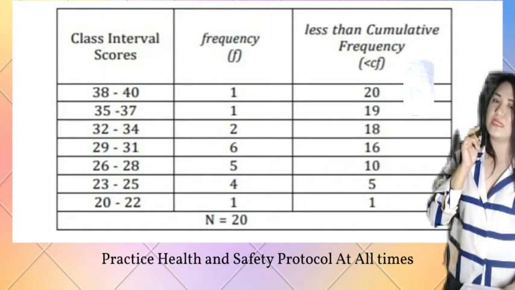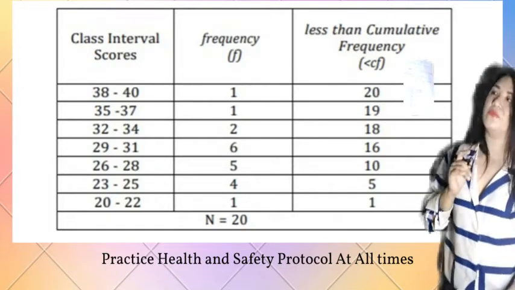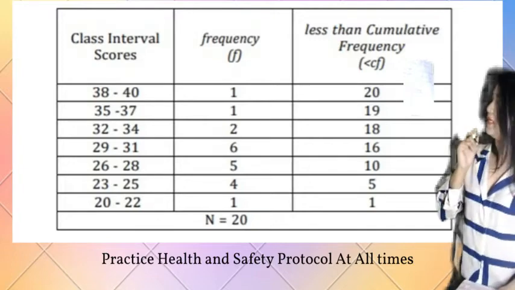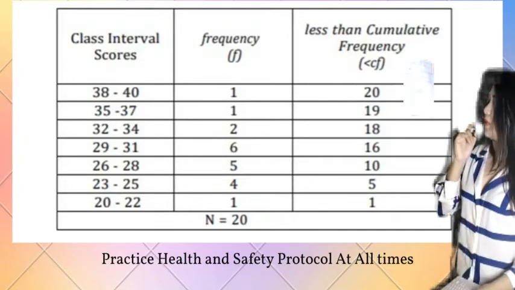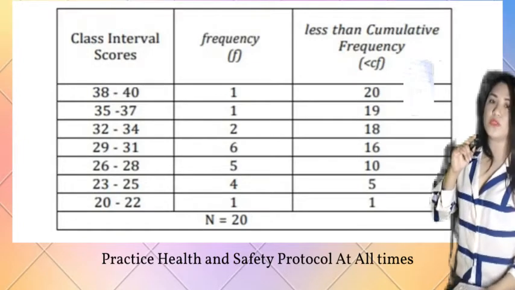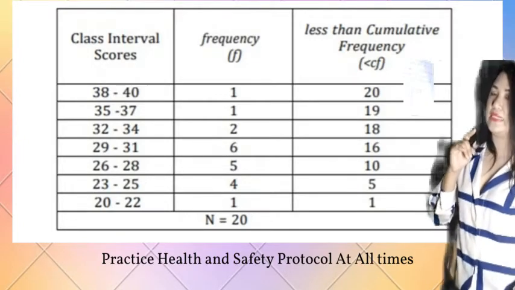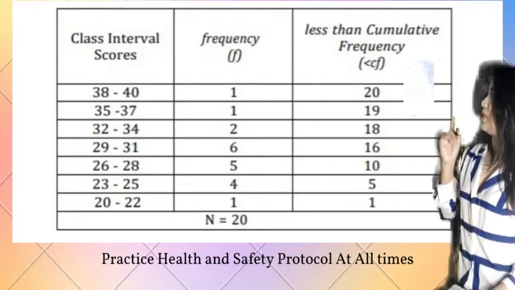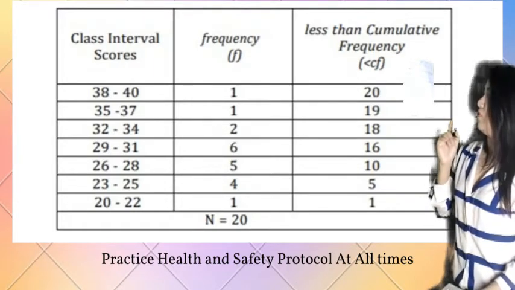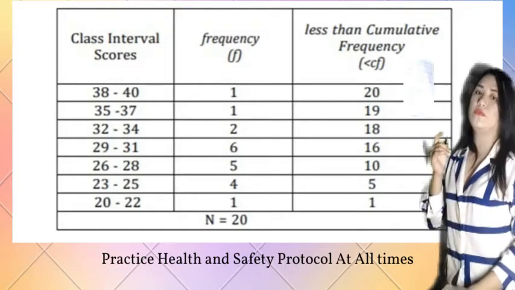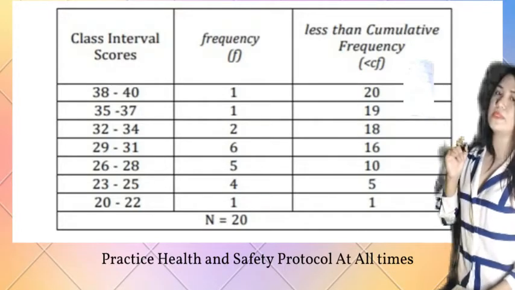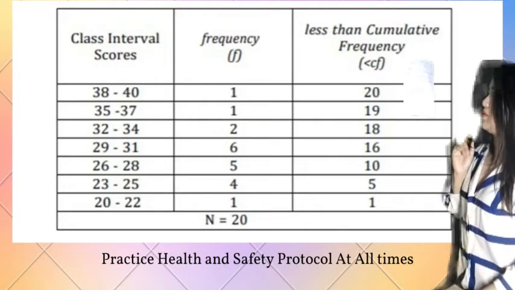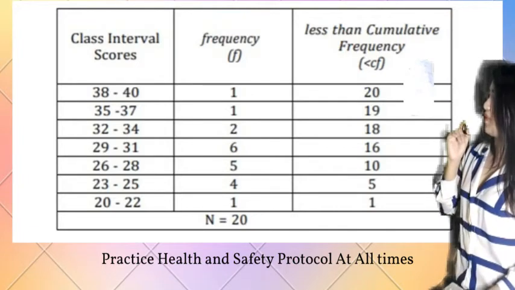N is the total number of observations in a given data set, in our example here. So if you took 1, how much will be left? There will only be 19 left. So that's our preceding frequency, 19, plus the frequency of scores between 38 to 40, which is 1. So 19 plus 1, you will get 20. Same with the class interval between 35 to 37.